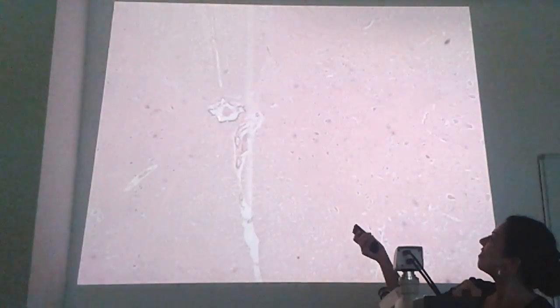So this is the lowest magnification. What do you see at the moment on the screen? What is this? Central canal, yeah. All right.